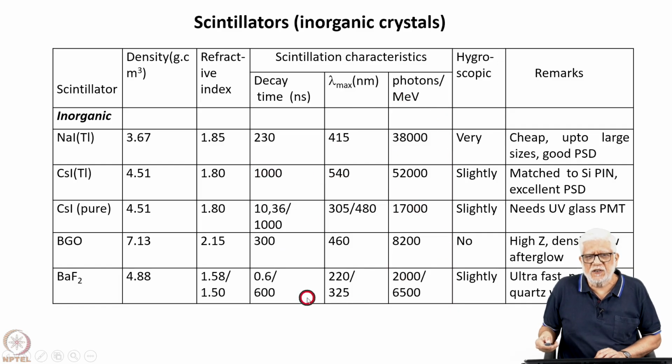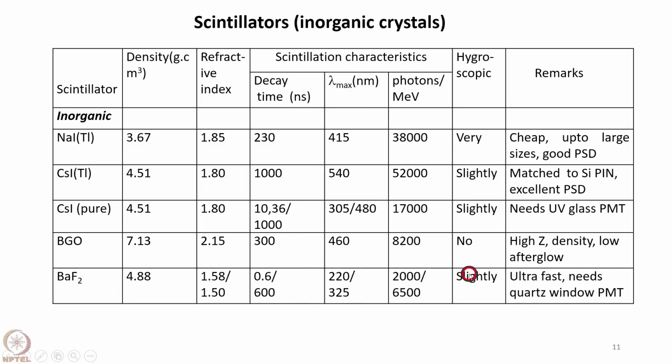Also, they have different spectra, intensity as a function of wavelength. Some are hygroscopic, some are not, some are cheap, some are ultra fast, some need a UV glass and so on. So, these various kinds of detectors have various properties, and you have to adapt to whatever physics you want to do and whatever, of course, money you have.